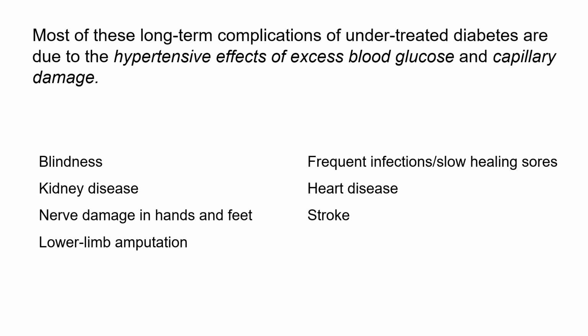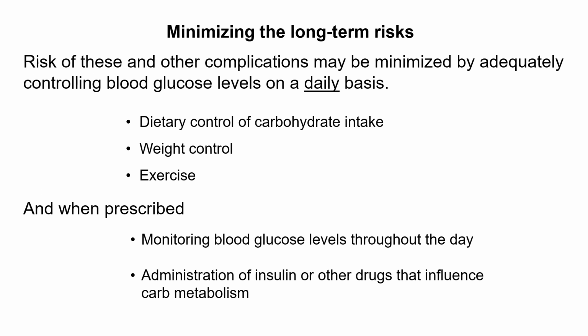So most of these long-term complications of poorly managed diabetes are caused by the hypertensive effects of higher than normal blood glucose, which leads to damage to these capillary beds. So in order to minimize the long-term risks for somebody who does have diabetes, the goal is to keep your blood glucose level within an acceptable range as often as possible.